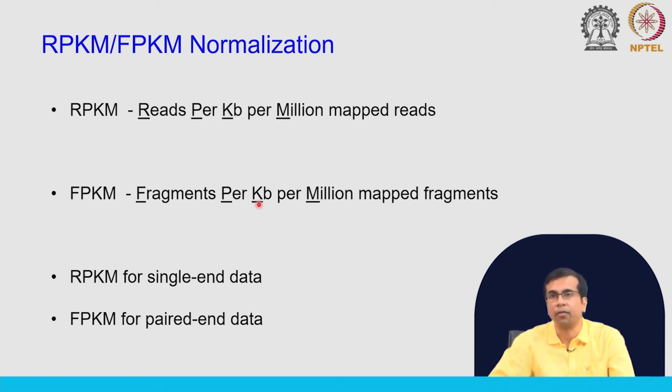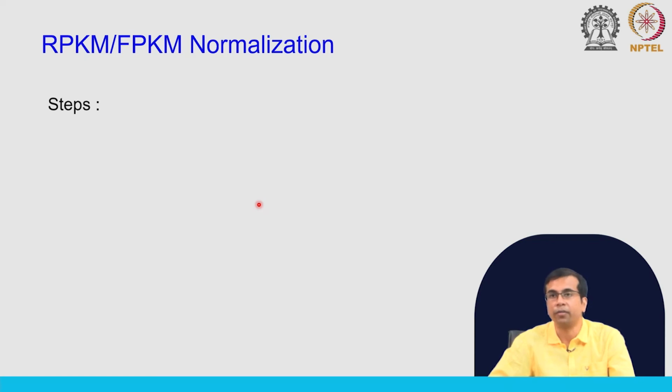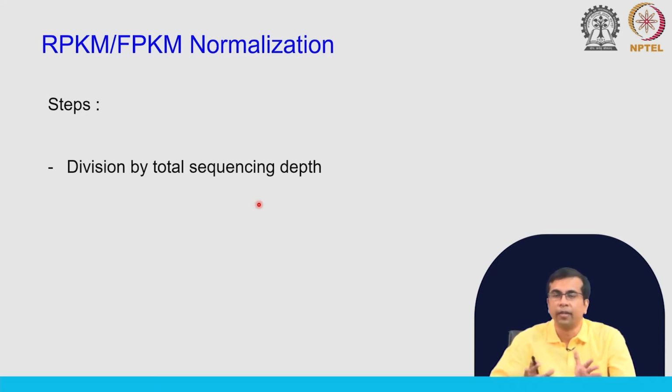So let us now look into the normalizations. Here are the steps of this method. The first step is we divide by the total sequencing depth. It is actually very similar to what we have discussed just before, the CPM normalization method. We follow the same process.